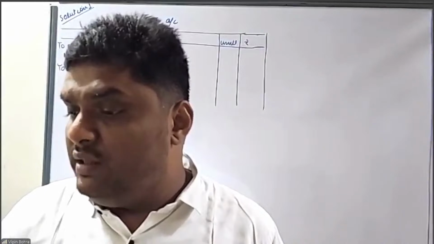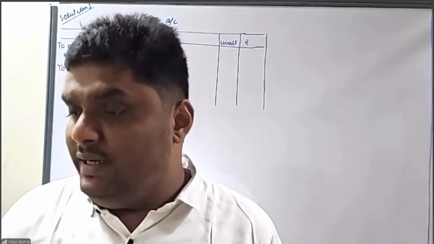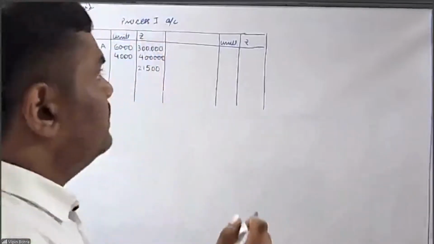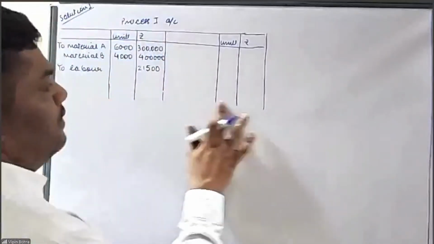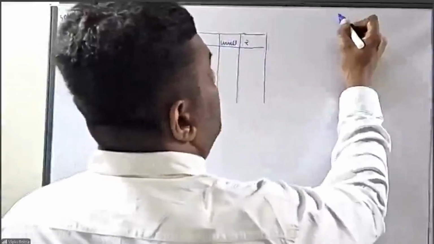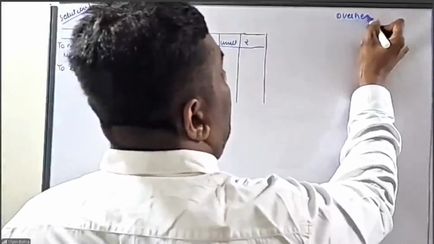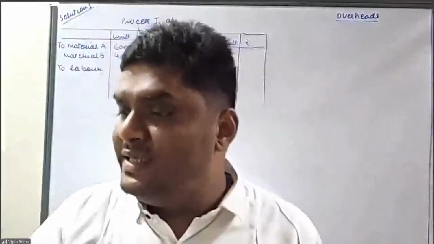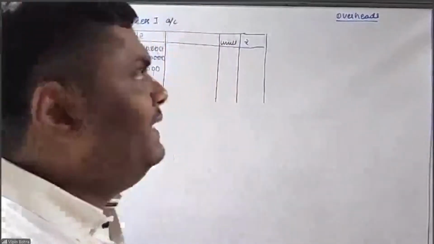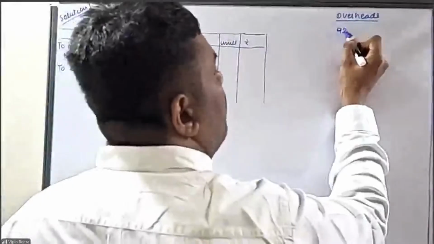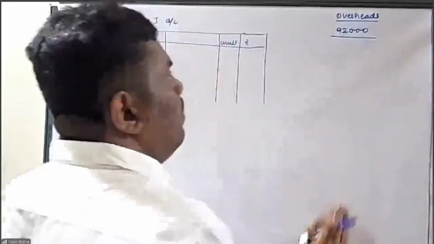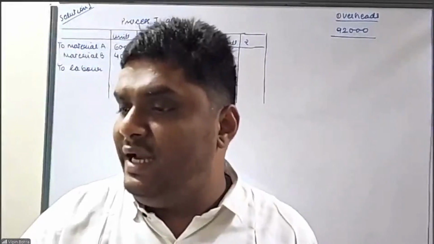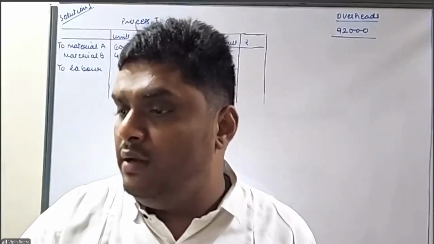It is given in the question that overheads of rupees 92,000 incurred are to be absorbed on the basis of labor hours. The total overheads are 92,000, divided by total labor hours: 370 hours in process second and 430 hours in process one.